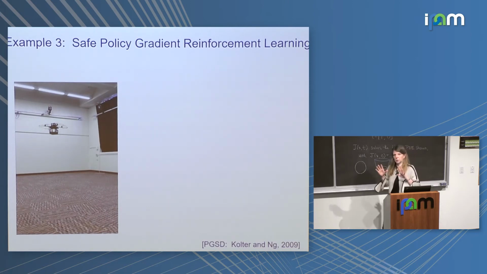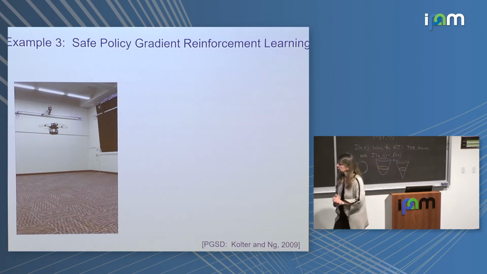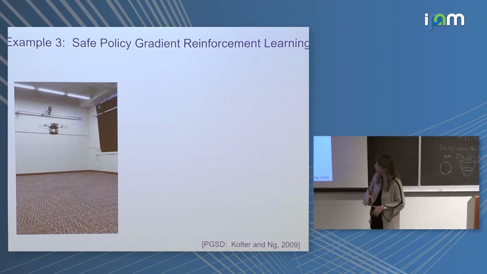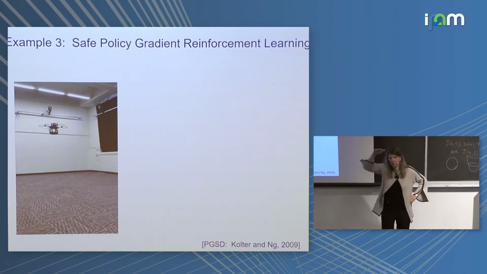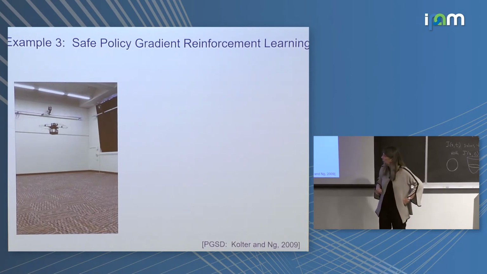So I'm going to describe the setup of this. This is a quadrotor, and it's flying in a room, and we're just asking it to fly a step trajectory up and down and up and down. The safe set that it's computing is a flight envelope within the room. So it's trying to stay inside a set where it doesn't crash into the ceiling and doesn't crash into the floor.